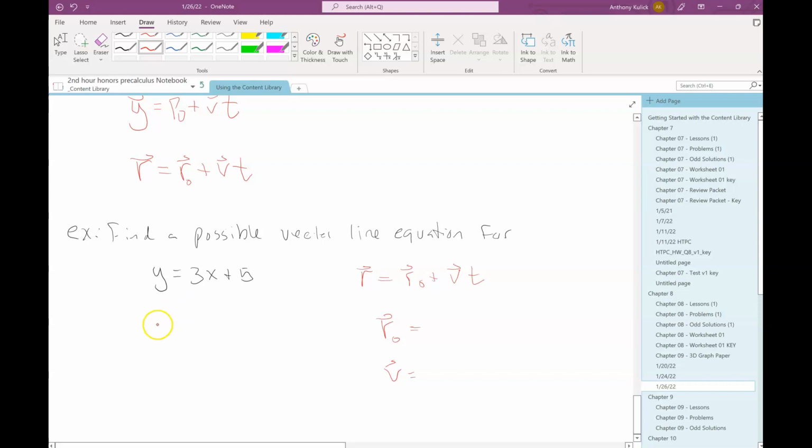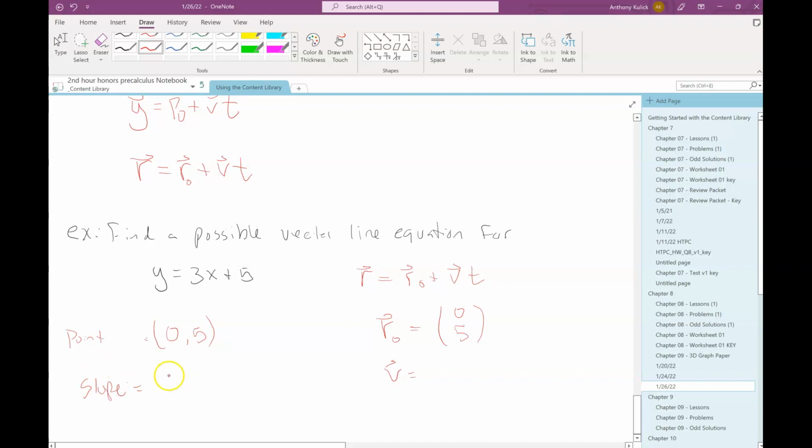I'm going to use the y-intercept. My direction vector is going to come from the slope.